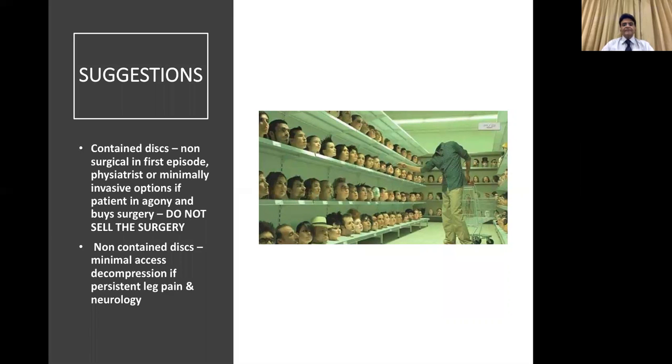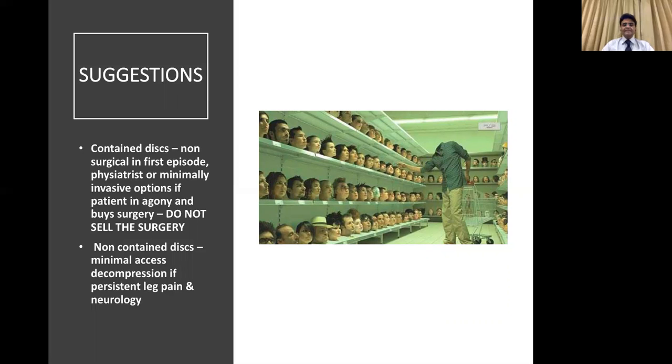They should be treated non-surgically in the first episode. You can use help of a physiatrist or a pain specialist, minimally invasive options. Do not offer them surgery, but if they are in incapacitating pain and only then in agony, they buy the operation, give it to them, but don't sell the operation to them.